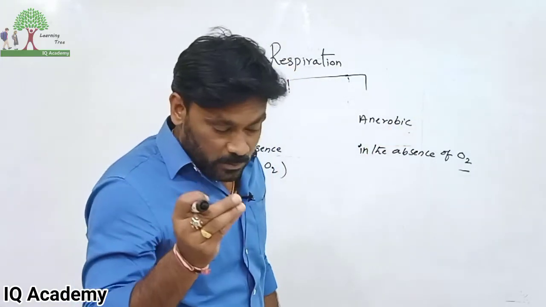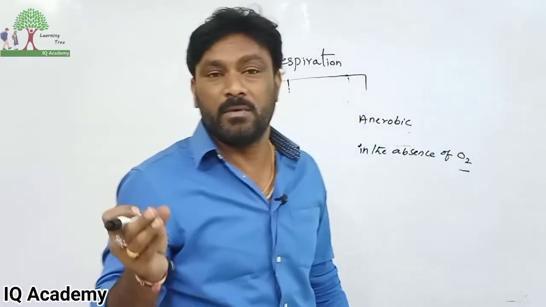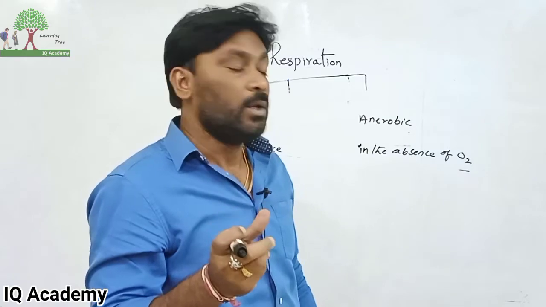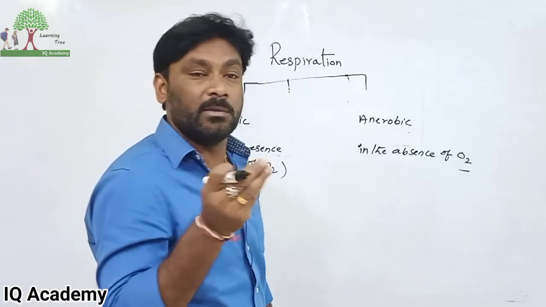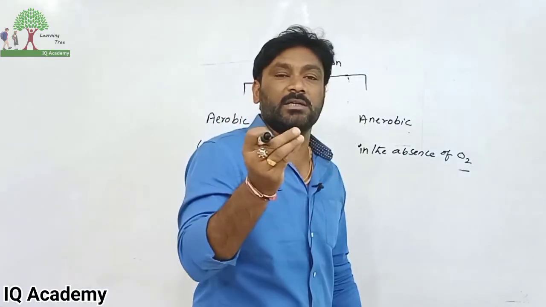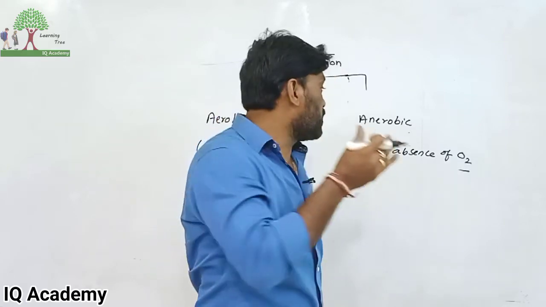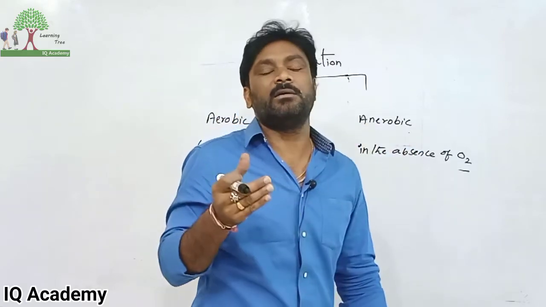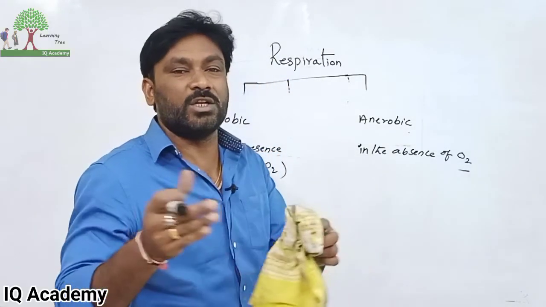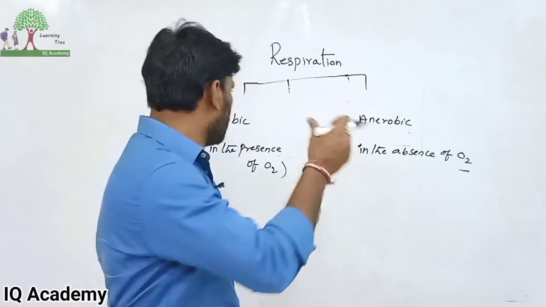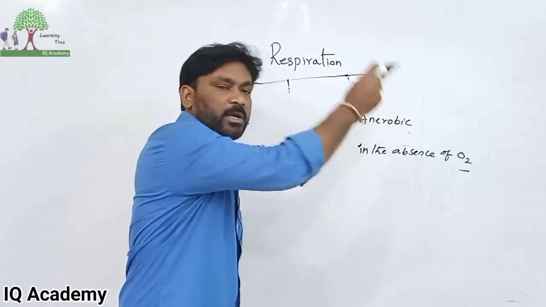Previously, when science was not developed well, we used to think that aerobic respiration takes place only in animals as well as in the vertebrates. But anaerobic respiration also takes place in the vertebrates. Example, in the muscles, glucose changes into lactic acid. Now today we'll discuss what are the products of aerobic respiration and anaerobic respiration.